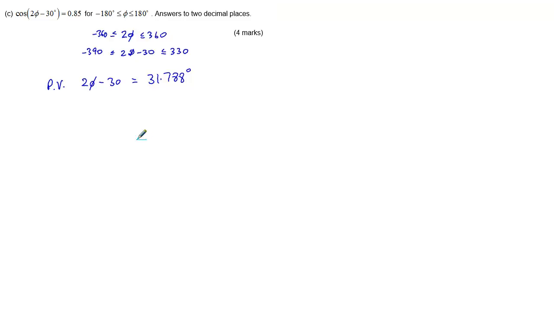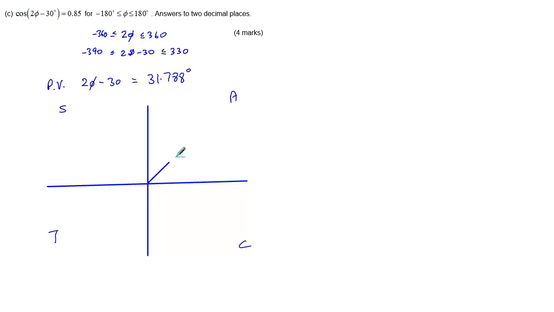So now we can use our cast diagram. So A, S, T, C. So 31.788, and cosine, which is positive, so the other one is going to be here.